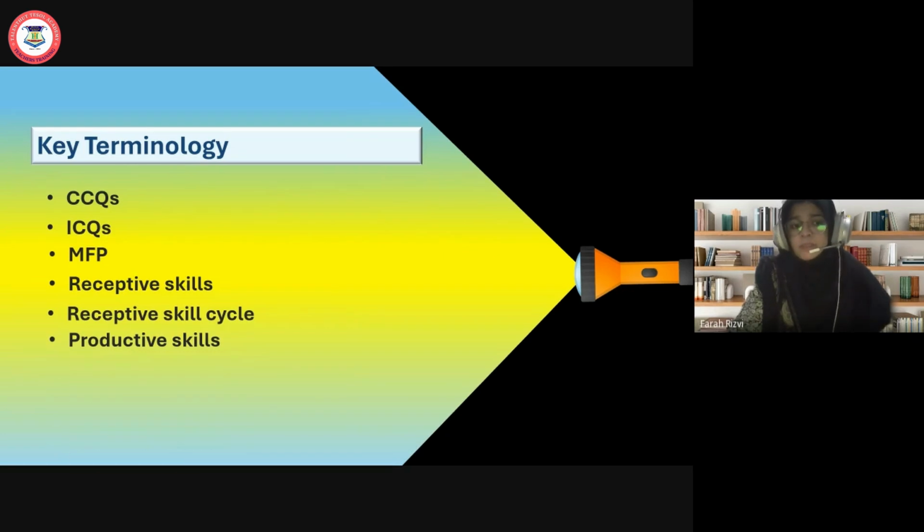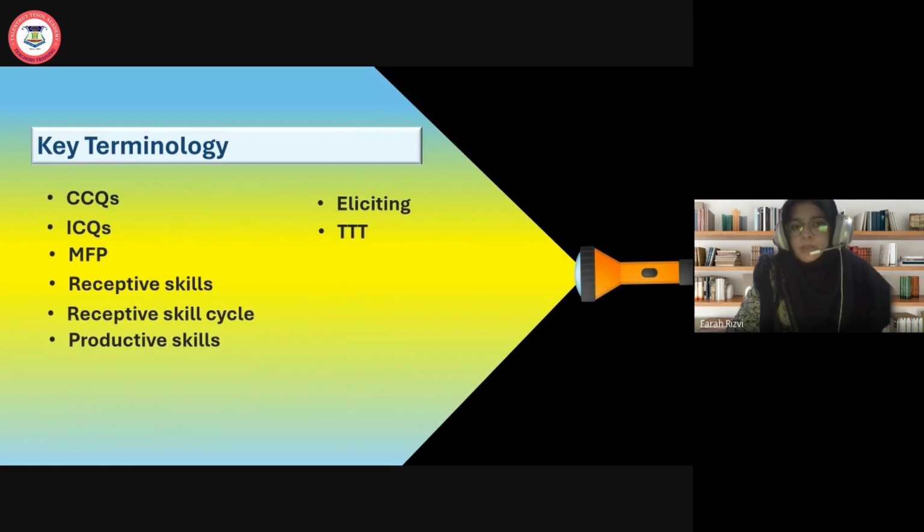Productive skills mean speaking and writing. Eliciting. It is a very important key terminology; when you do CELTA, you will hear it. Eliciting means you are not going to tell everything to your students. You are going to ask through questions or through pictures.